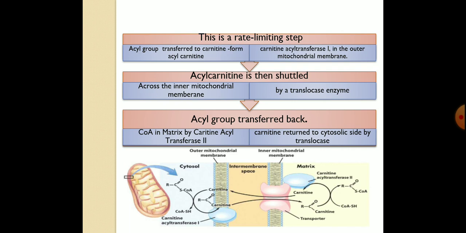Now the acyl group is transferred back to coenzyme A in the matrix by the carnitine acyl transferase 2 enzyme, which is present in the mitochondrial matrix, and carnitine is returned to the cytosolic side by the enzyme translocase.